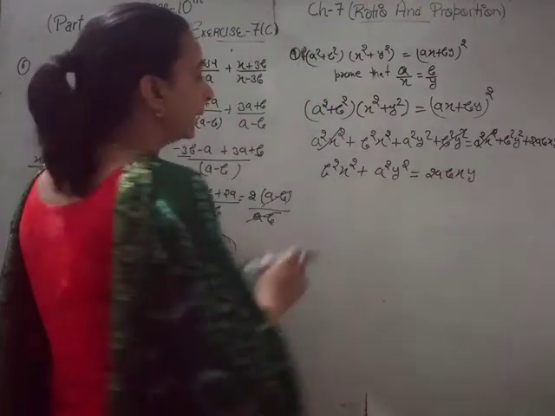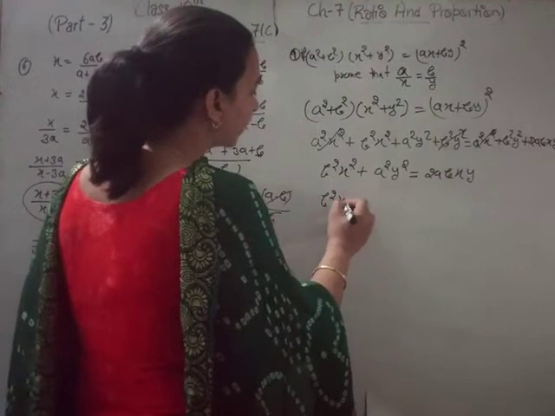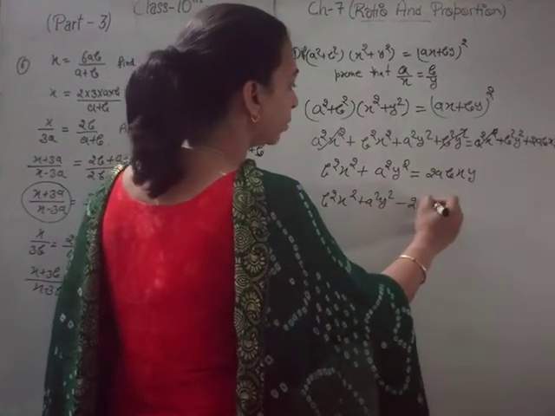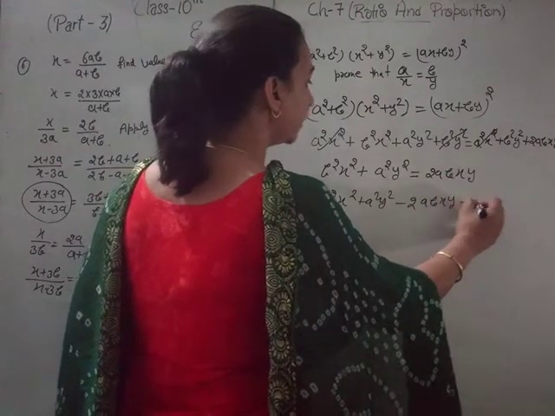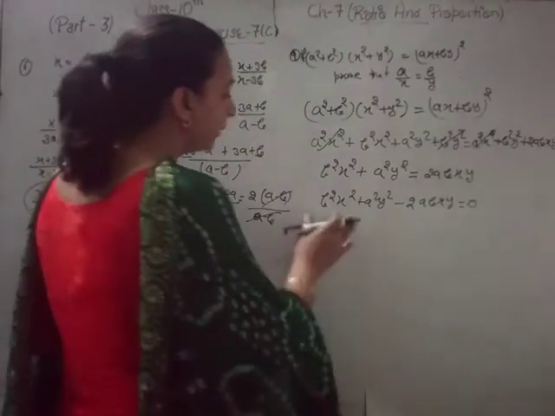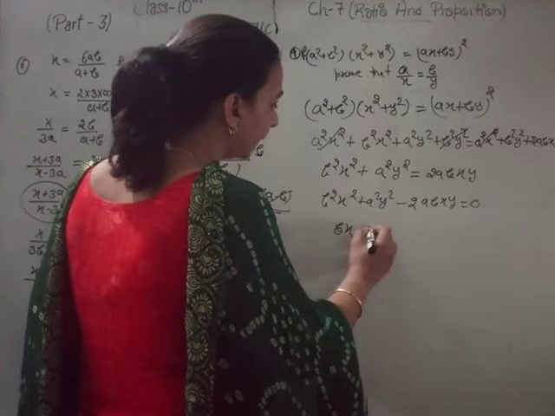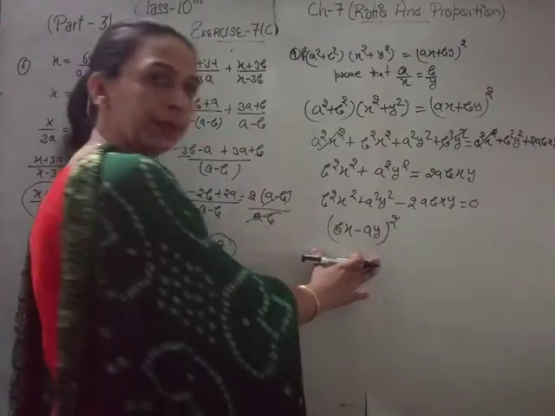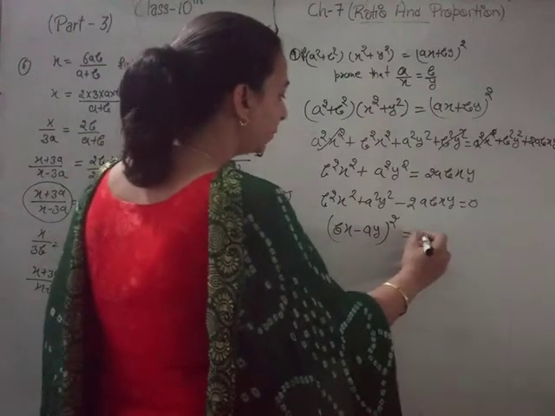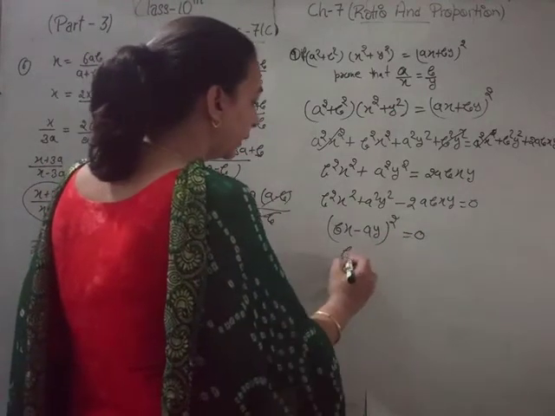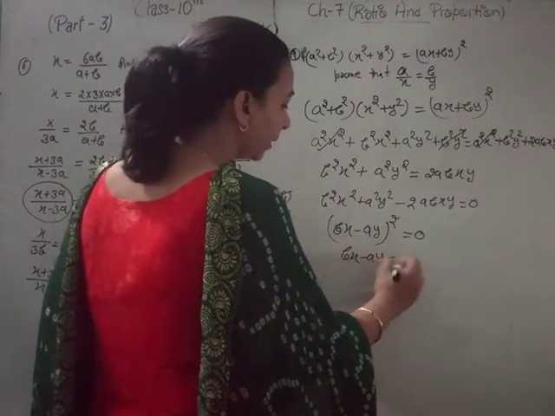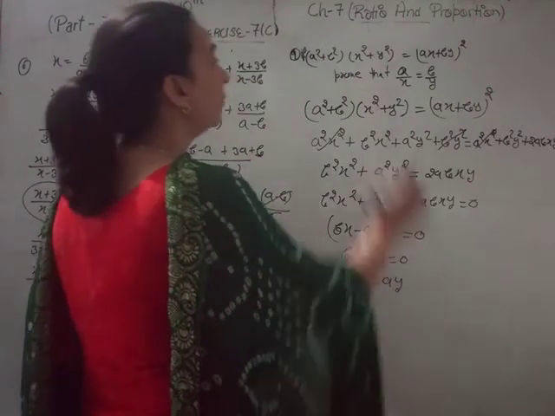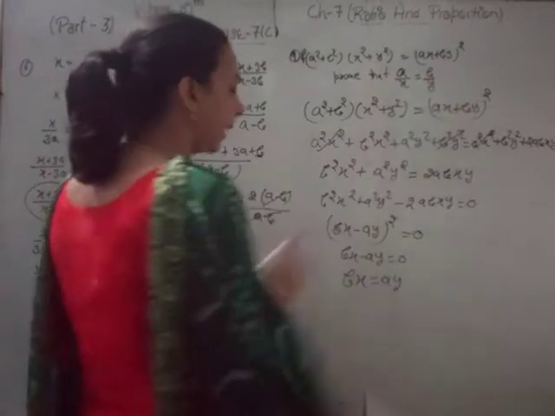Okay, next b square x square plus a square y square, we take this left side, then minus 2abxy, and this equal to 0. Okay, then we write this (bx minus ay) complete whole square. This is the identity of complete square. Okay, and this equal to 0. If this complete square equal to 0, then bx minus ay also equal to 0, and we write this bx equal to ay, and we have to show that a by x, b by y.